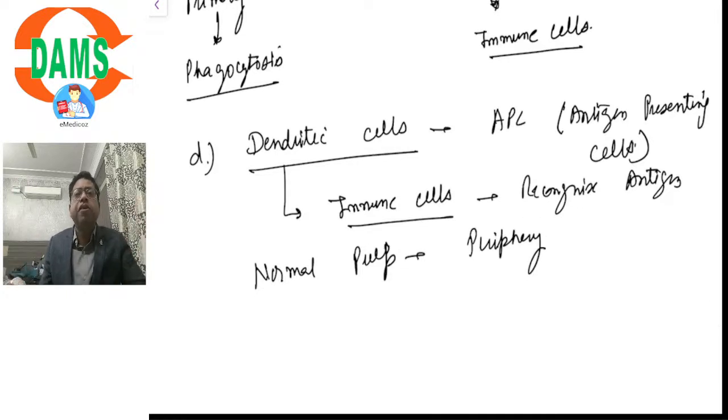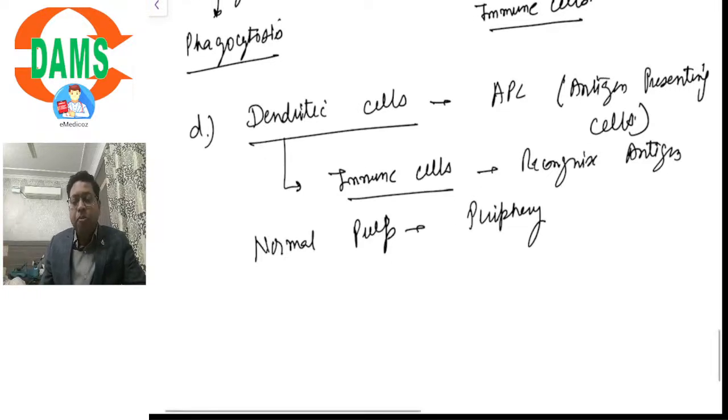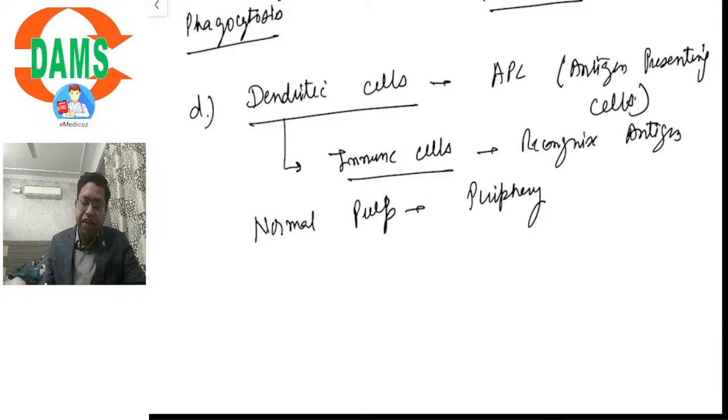Obviously, to be able to recognize the antigens, because whatever external invading organisms are present would be invading the pulp from the periphery. And when the pulp becomes inflamed, they migrate to the center along with the antigen.